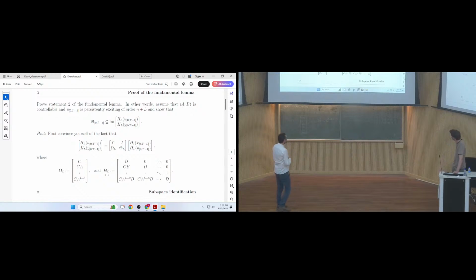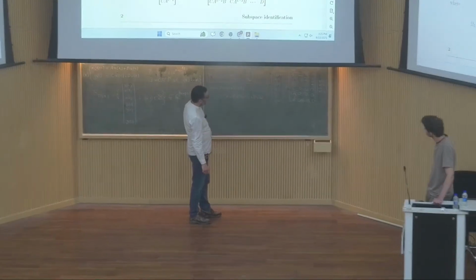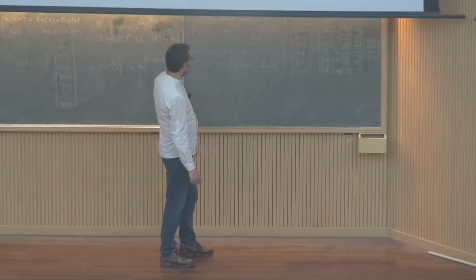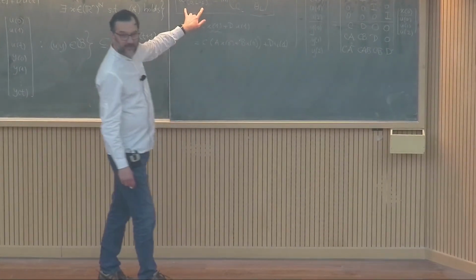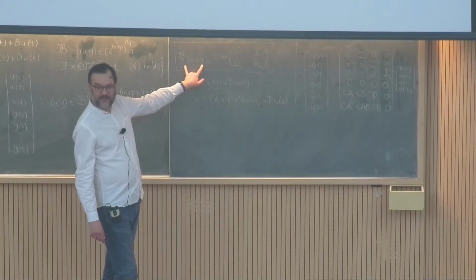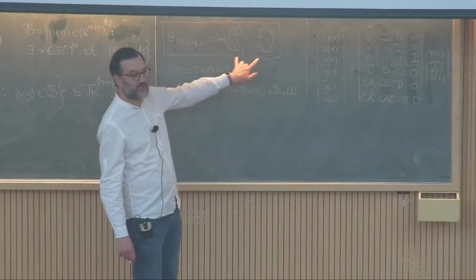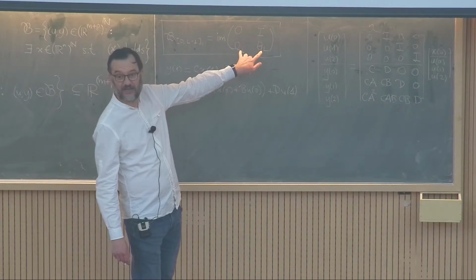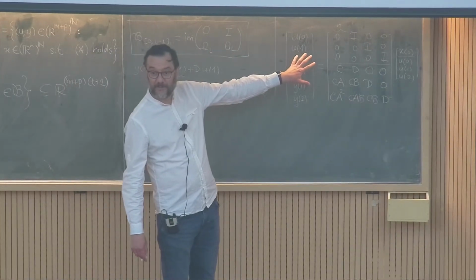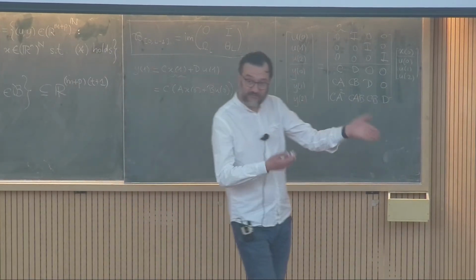That's a good point, because what I have convinced you here is, which direction have I shown? If I start from an element of this, I prove that it is in the image of this. Yeah, this argument. But the same argument can be reversed.